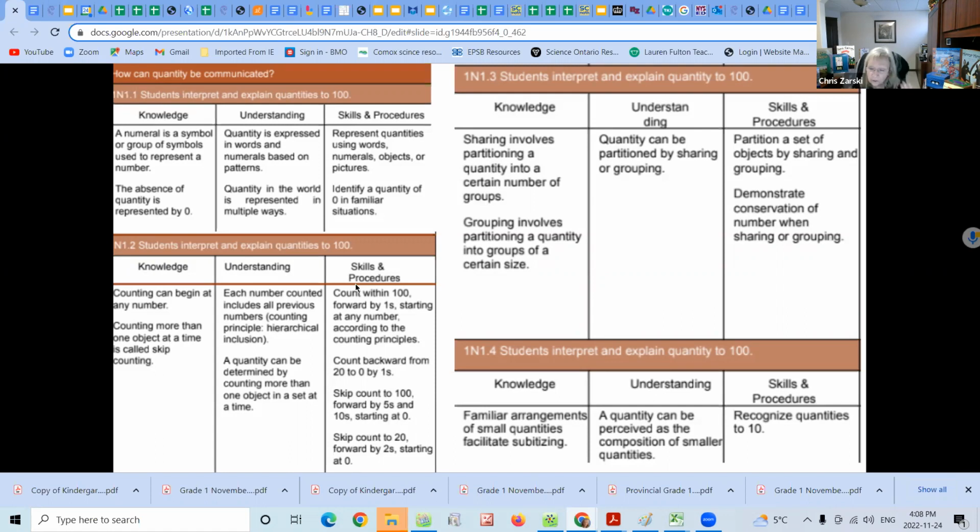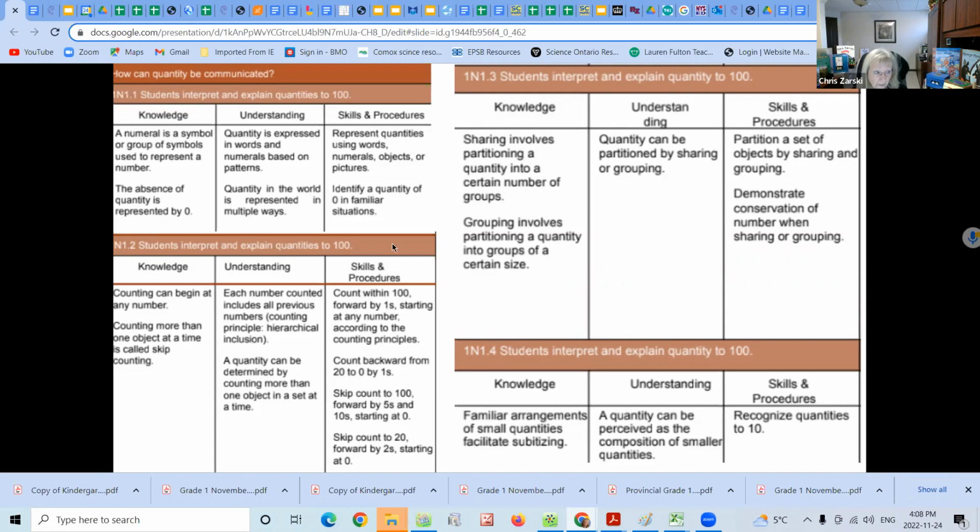So new eyes, new voice, new background, maybe same terminology, maybe something new, but just so that they start to refine and start to make connections. And day 3, I might do the same thing. So the more they see it from a different perspective, the stronger those connections start to become. And that's a piece that we need to do. Having math talks would be a good one. Having a story that links to your outcome would be a good one, right? Those are all possibilities that we can use.